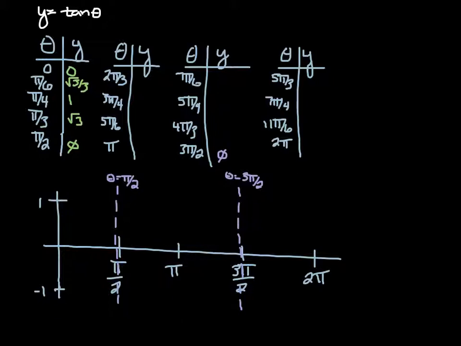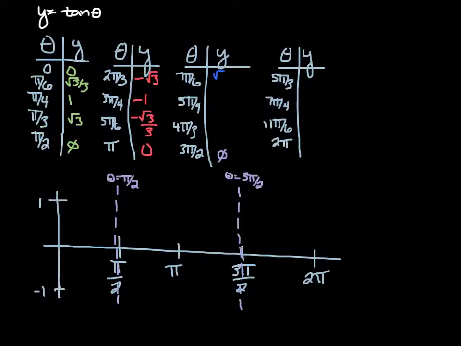Okay, so tangent of 2 pi over 3, that's in the second quadrant, so it's going to be negative. And so it's negative square root of 3, negative 1, and then tangent of pi was 0. Okay, so tangent of 7 pi over 6, that's in the third quadrant, so it's going to be positive.